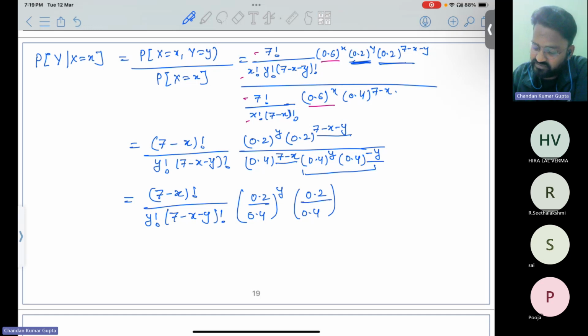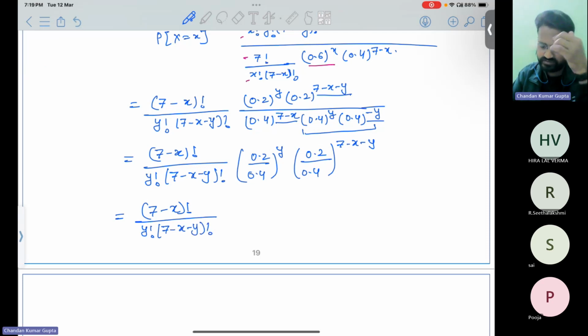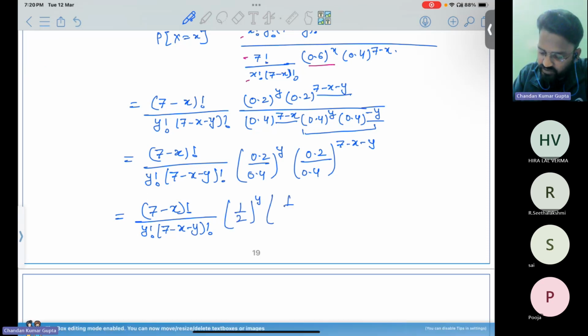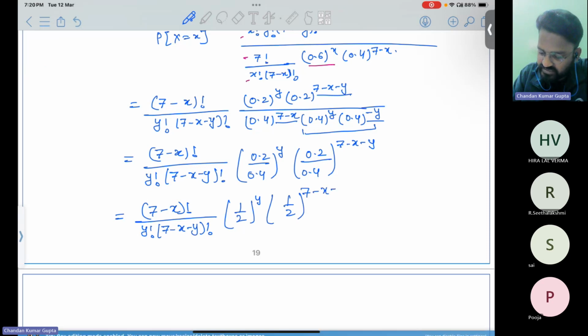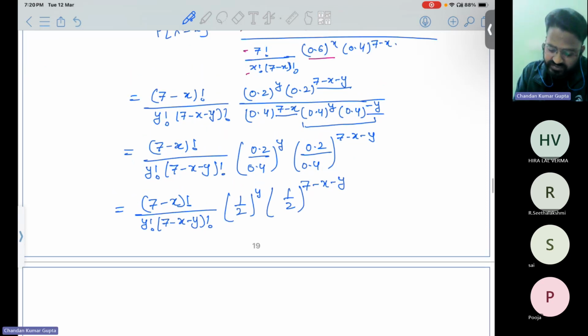After simplification we get 7 minus x factorial over y factorial, 7 minus x minus y factorial, times 1 by 2 to the power y, 1 by 2 to the power 7 minus x minus y. This is actually y given x.